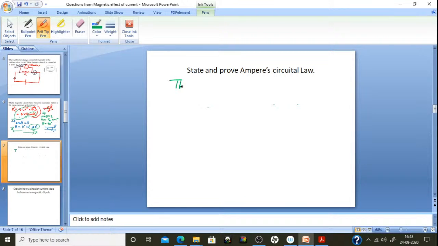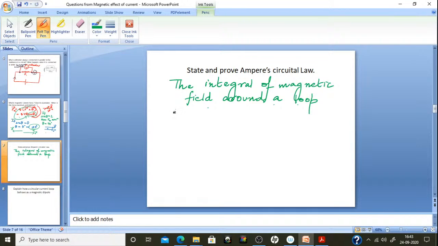The line integral of magnetic field around a loop is equal to mu naught times current enclosed by the loop.